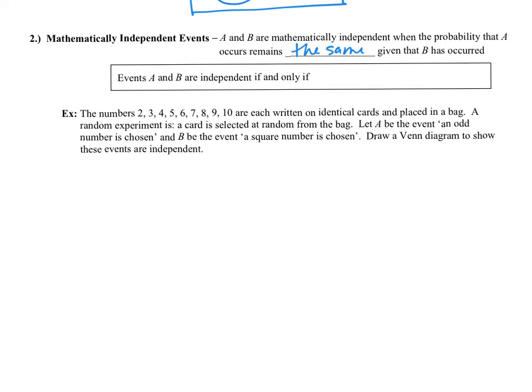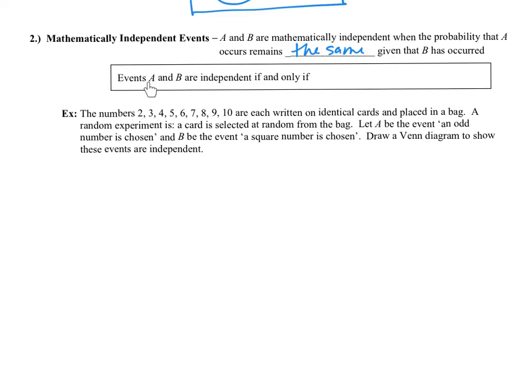Another example, I had some friends one time that had 5 boys and they were pregnant with their 6th child, and so everybody said, well, surely this one's going to be a girl. Well, that's not true, because they could have had 100 boys. The probability of having a girl every time that she was pregnant was still 1/2. So that's an example where the probability that A occurs, having that girl, remains the same given that they've already had 6, 10, or 11 boys, okay?